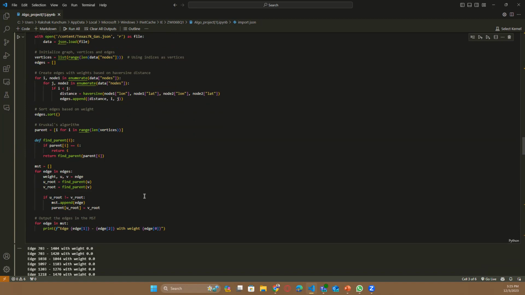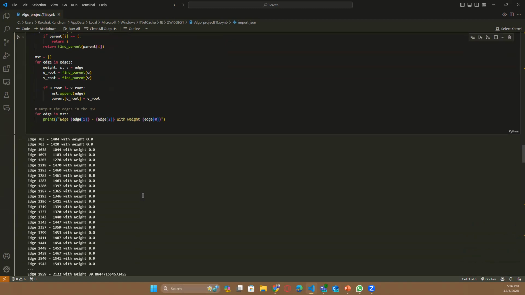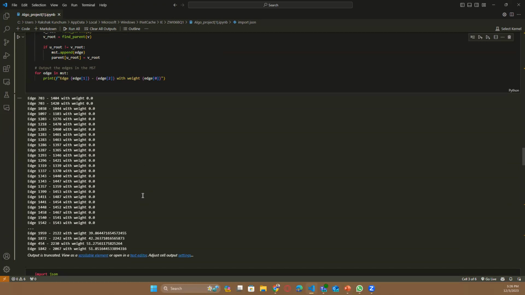The algorithm selects edges in ascending order of weights, ensuring no cycles are formed, to connect all the nodes in the most efficient way possible. And the final output from this process is a list of edges that make up the optimized grid. This optimized set of connections minimizes the overall grid length, reducing construction cost and the energy transmission losses.